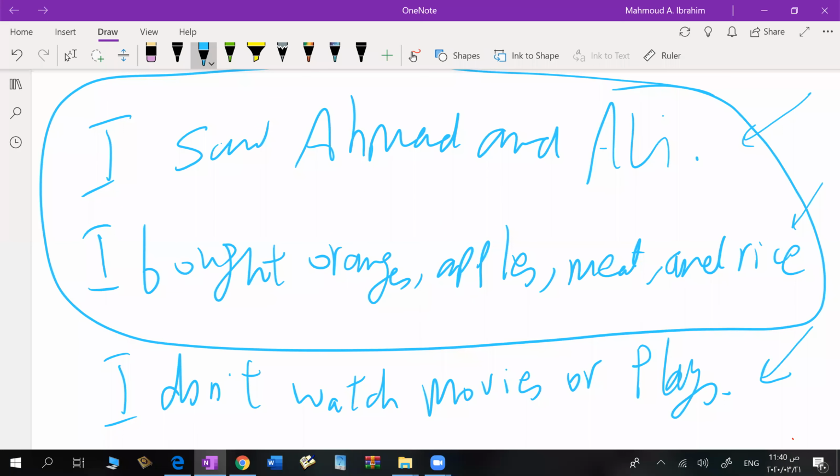No. Why not? Because there is no noun phrase or verb phrase after and. Here and or, they connect two phrases, not two clauses.